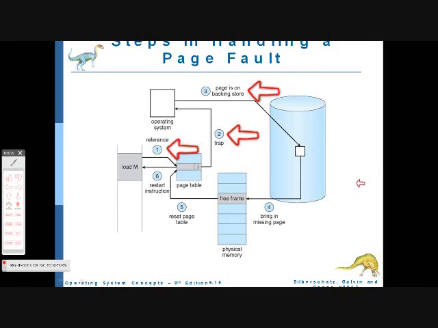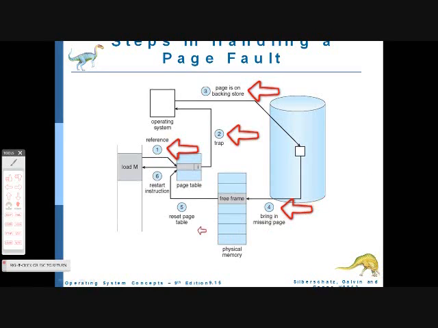Now, if it is in the hard disk drive and it's not in the logical address, which is a part of the virtual memory together with the physical address, then it will get the page in the hard disk drive, put it in the logical address, and then from the logical address, it will bring itself to the physical memory or random access memory inside a free frame.